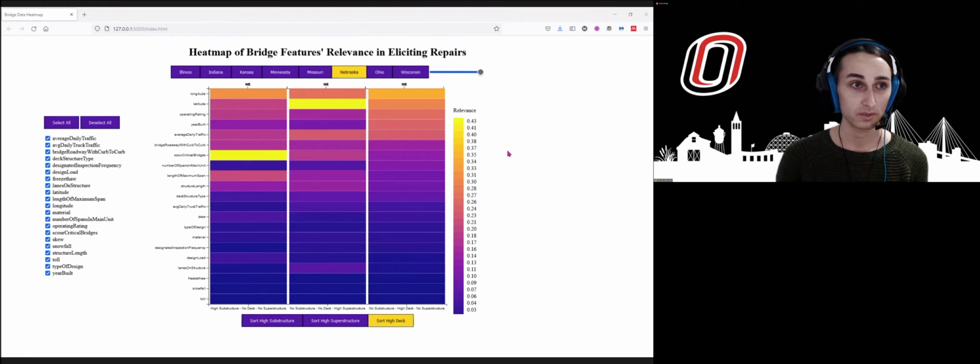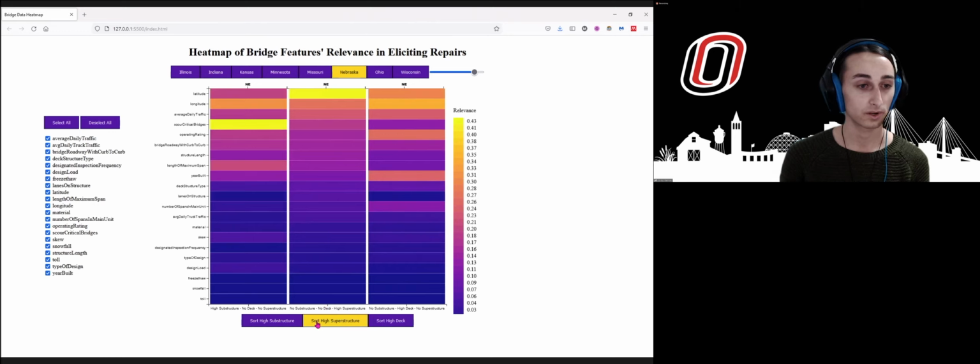Some of the features in this heat map include the option to sort by different kinds of bridge repairs. For instance, this is sorting Nebraska bridge repairs by superstructure.